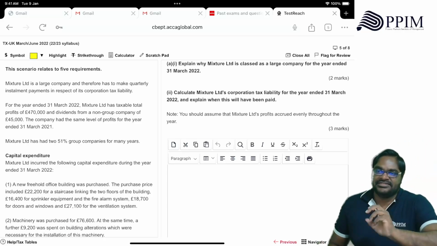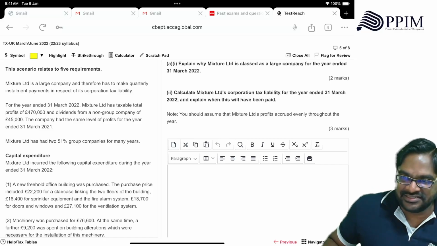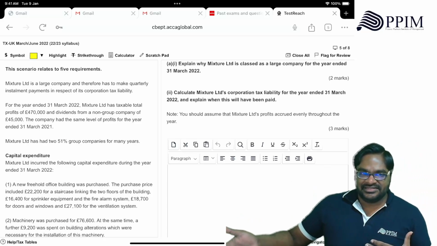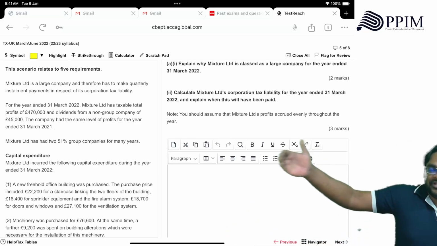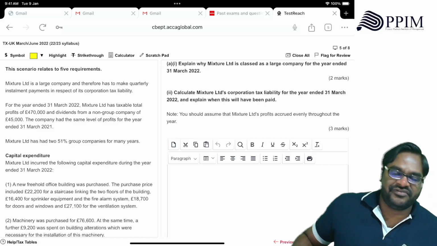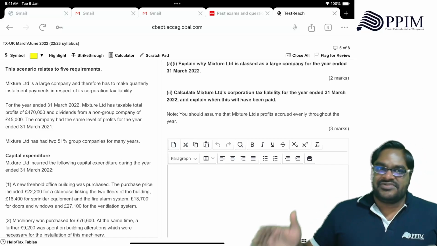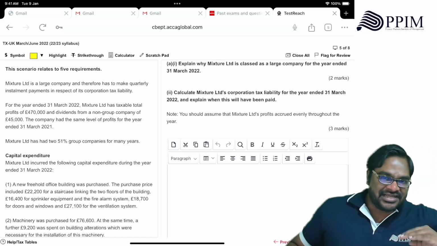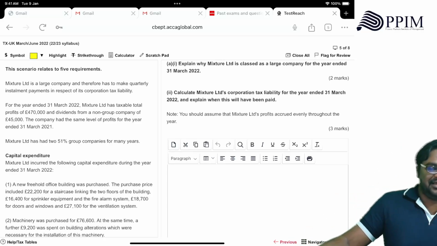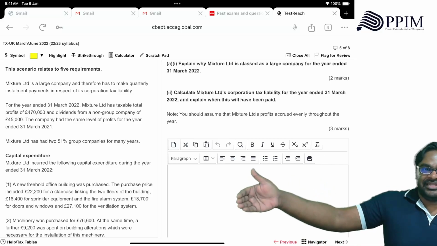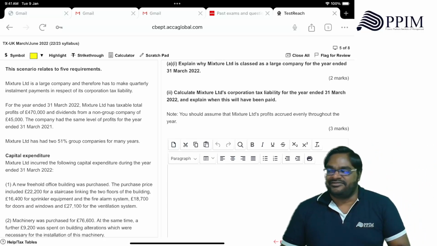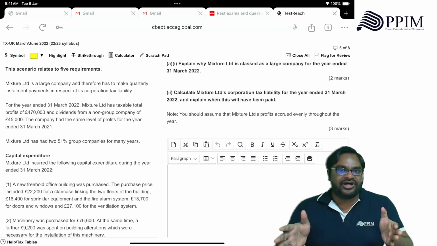So if you were not considered as a large company last year, then even though you are exceeding 1.5 million this year, if you are below 10 million, you can still refrain from being considered as a large company. But here in his answer, he is clearly explaining that is also not applicable because last year also the company should have been considered as large. So 2 consecutive years, it's large. Then the 10 million threshold is also out. As a result, Mixture is going to be a large company, a perfect answer which covers all the aspects, no loopholes.